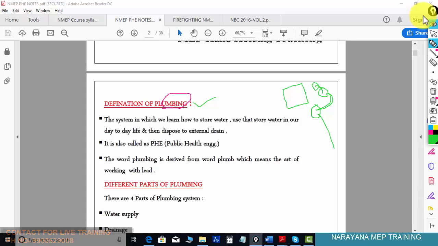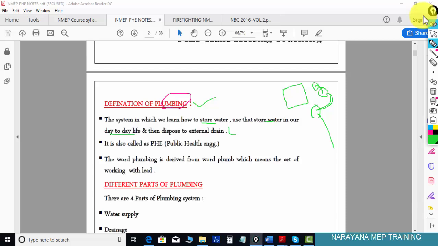First you should remember this. You can write down: the system in which it will tell about how to store water and how to use that stored water in your day-to-day life, and then finally dispose of that used water to the existing drain in a hygienic way.